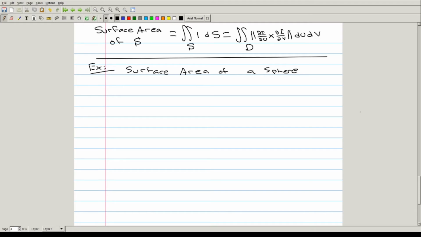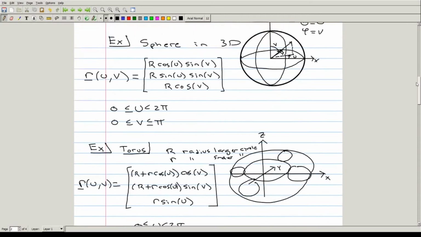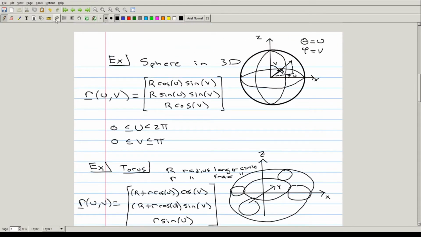And we'll start with the parametric equations of the sphere, which we talked about before. It's these parametric equations right here.